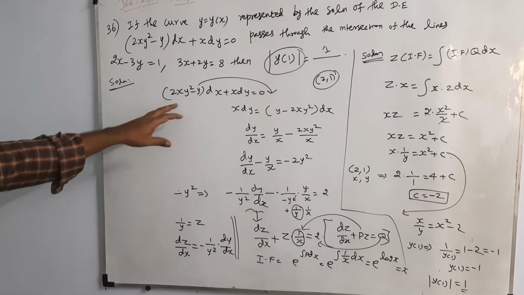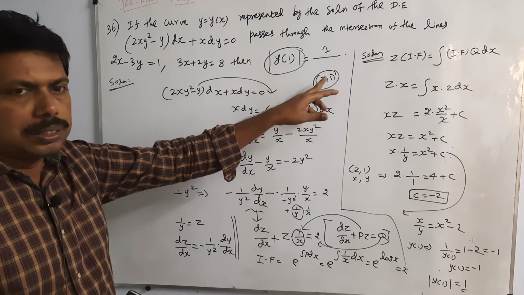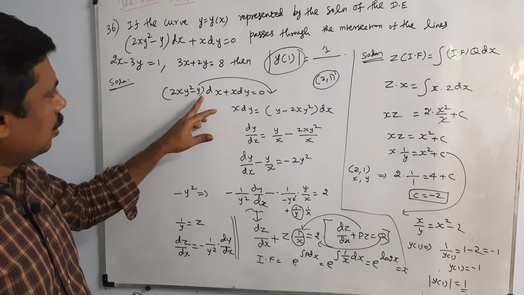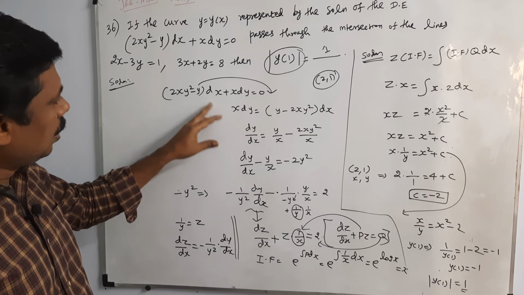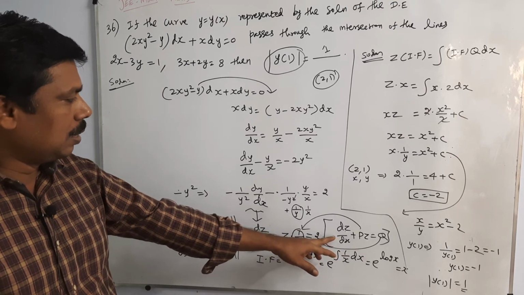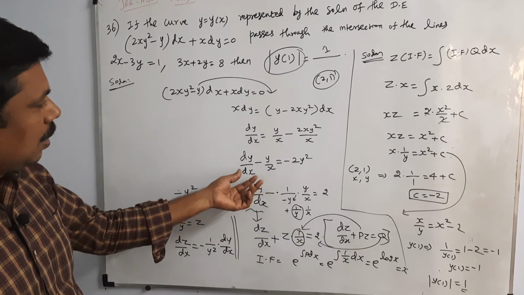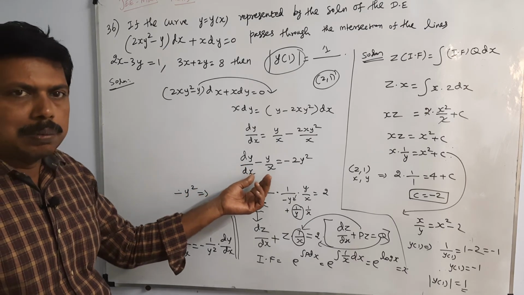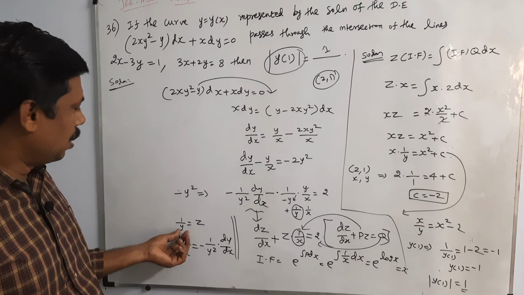So first we find the intersection point, that is (2, 1). Take the differential equation and try to write it in the form of a linear differential equation. We can't write it directly as a linear differential equation in the variables x and y, so change the variable to z.